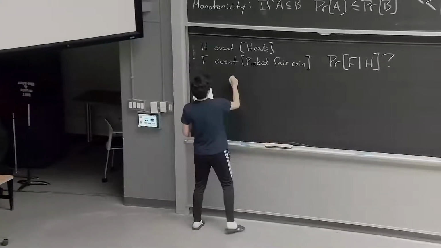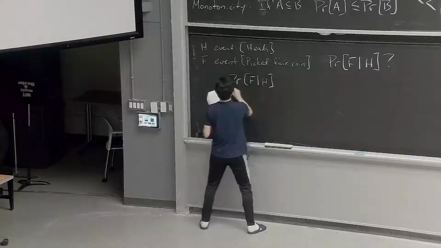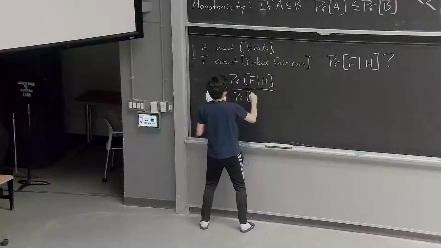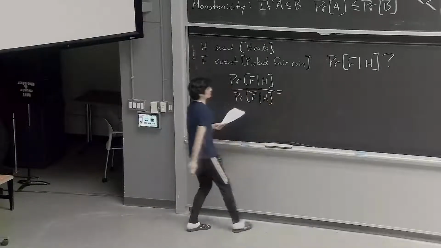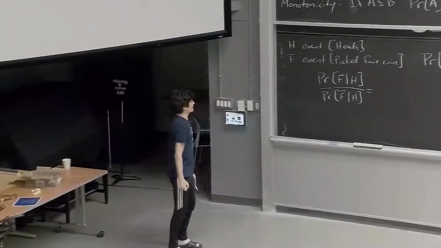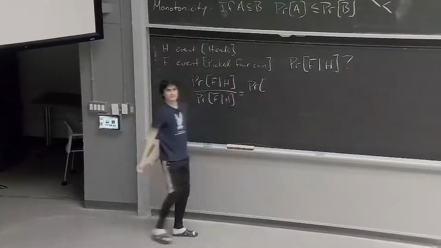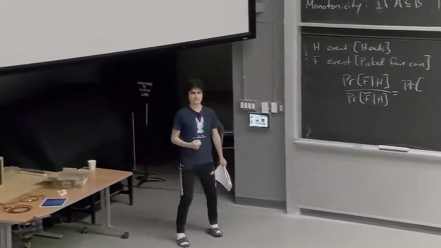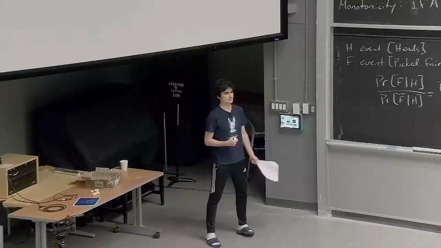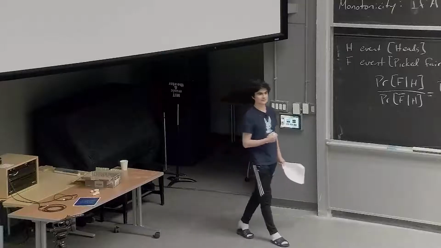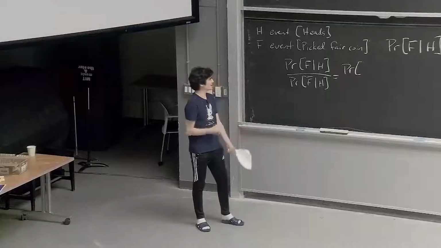So the probability of F given H over the probability of not F given H. Bayes' rule is about flipping the order.